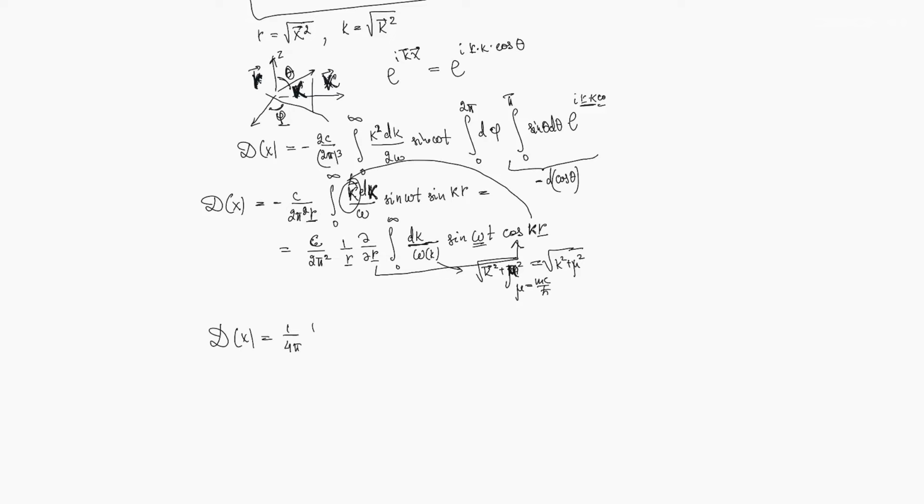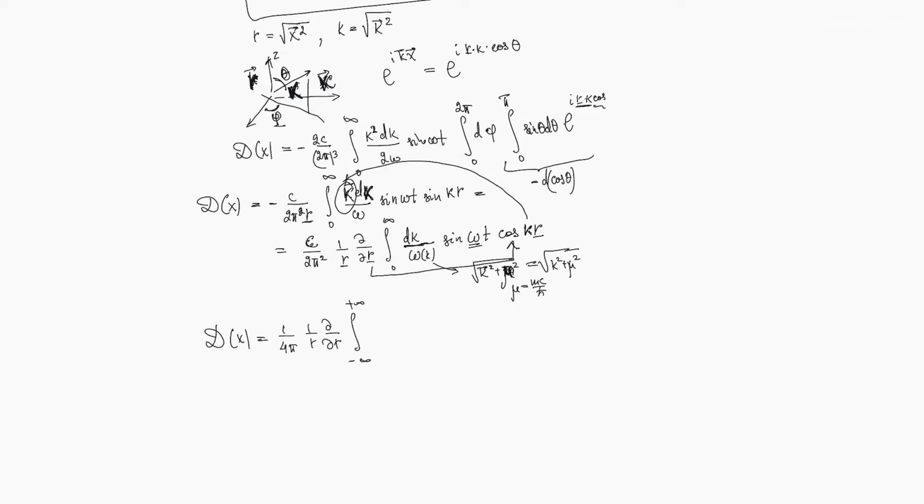I allow myself to integrate from minus infinity to plus infinity, so I extend the integration to negative values of k because the function which I integrate is even. And then I divide the integral by 2, and that's why this 2 turns into 1 over 4 pi squared.